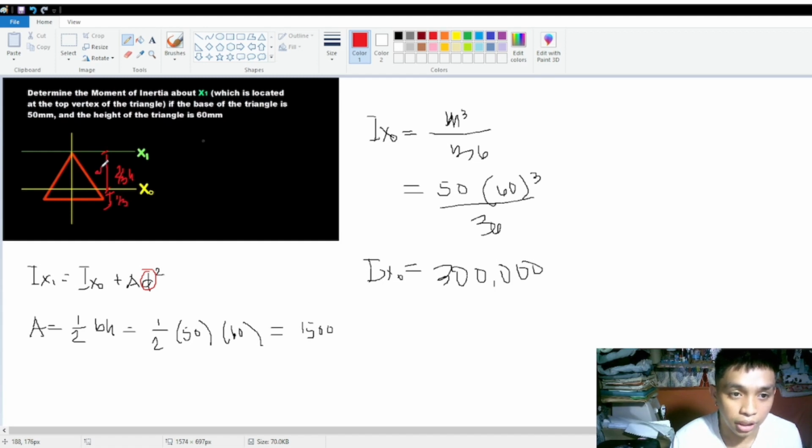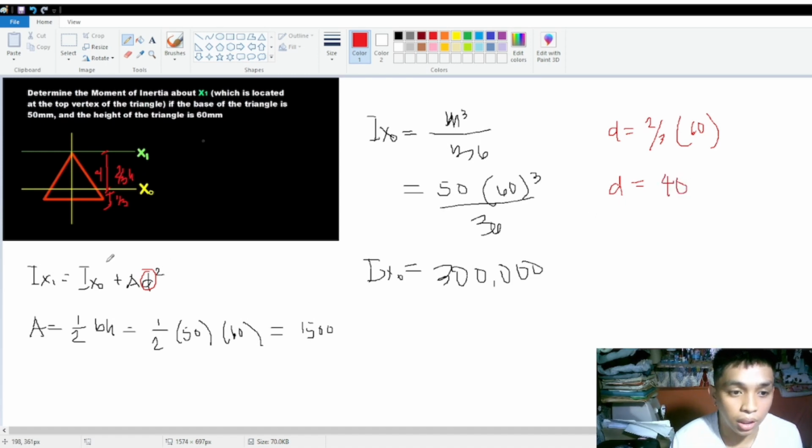So d equals 2/3 times our height of 60, so the distance from the centroidal axis to x sub 1 is 40.